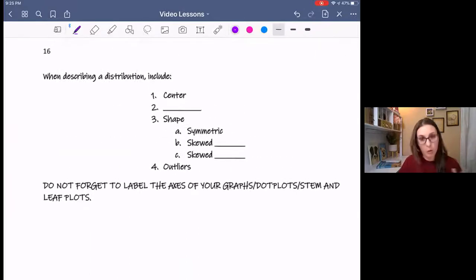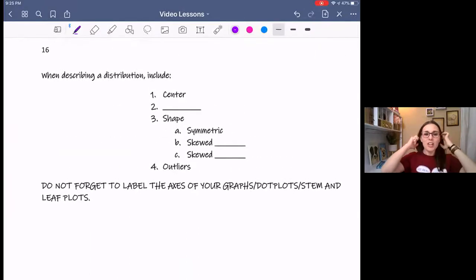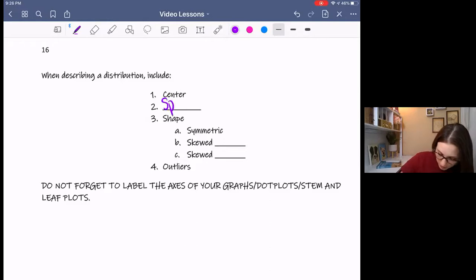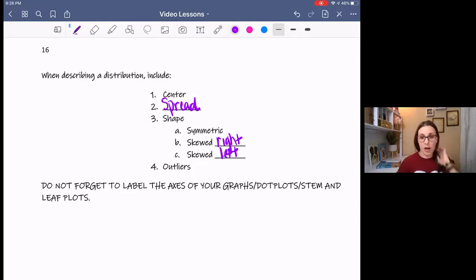One more. So when you describe a distribution, and a lot of this stuff we have not learned yet, so you can't actually use it yet, you could use general words to describe it, but when you describe a distribution, you need to talk about the center, the spread, the shape, which your options for shape are symmetric, skewed right, or skewed left, and any outliers.